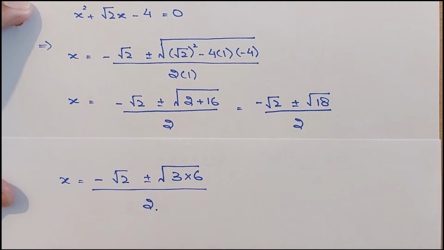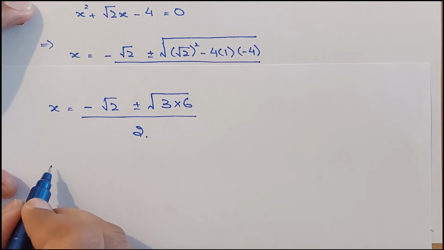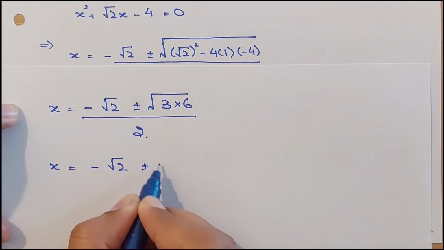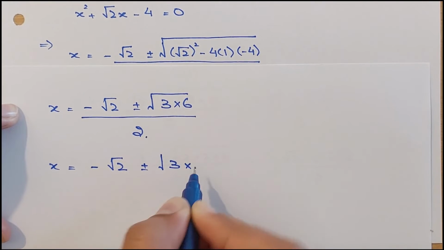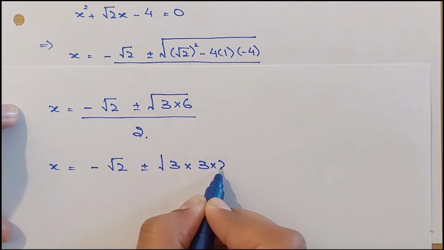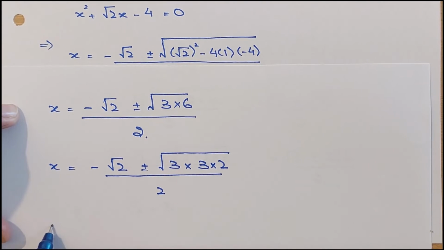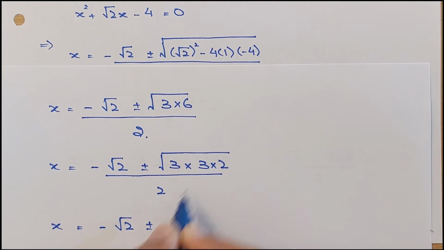Now x is equal to negative square root of 2 plus minus square root of 3 times 6, which is 3 times 2, over 2. x is equal to negative square root of 2 plus minus 3, as it is a square, so 3 is outside, square root of 2 divided by 2.